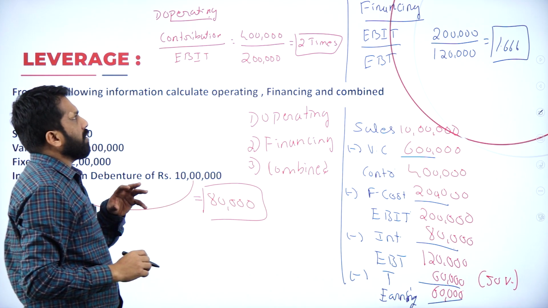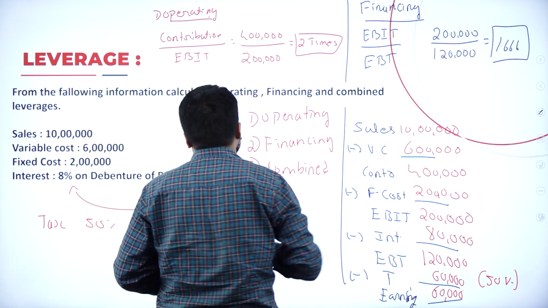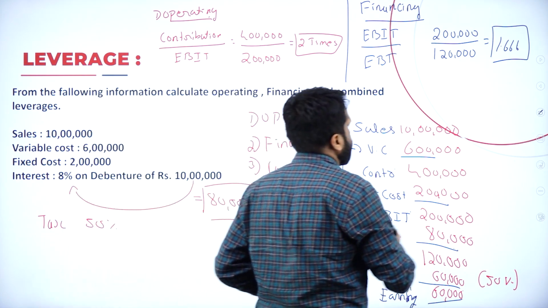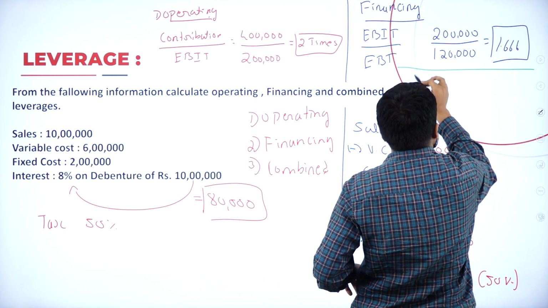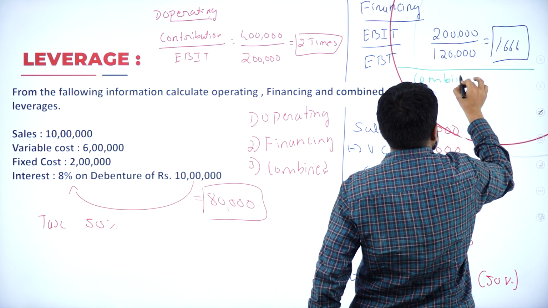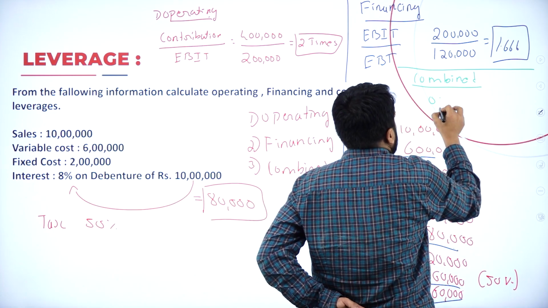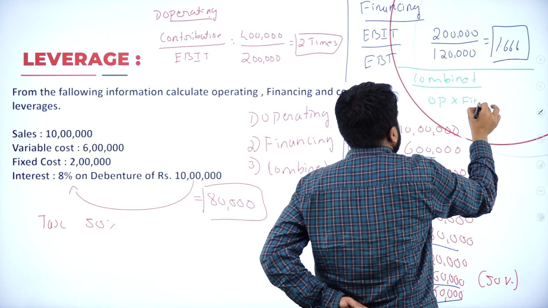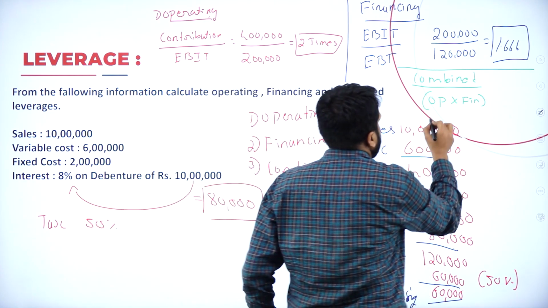Yes. Once you are done with your financing leverage, what is the last one? Combined. Combined, how to do? I'll show you. Combined is the easiest one. Combined leverage, it is nothing but operating into financing. What is your operating in this? 2 times.